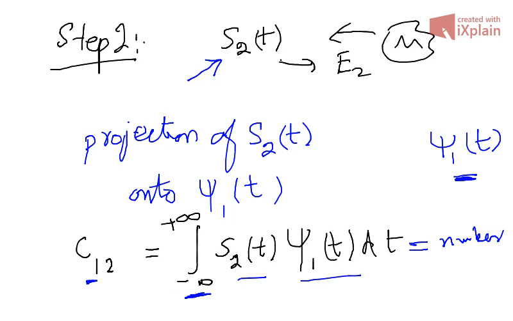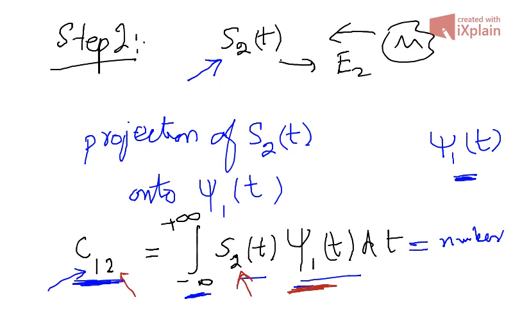Now when we say C12 in this notation, the first subscript is for the basis function. So the first subscript 1 means the projection onto psi 1, and the second subscript represents the signal S2. We have chosen the second signal.